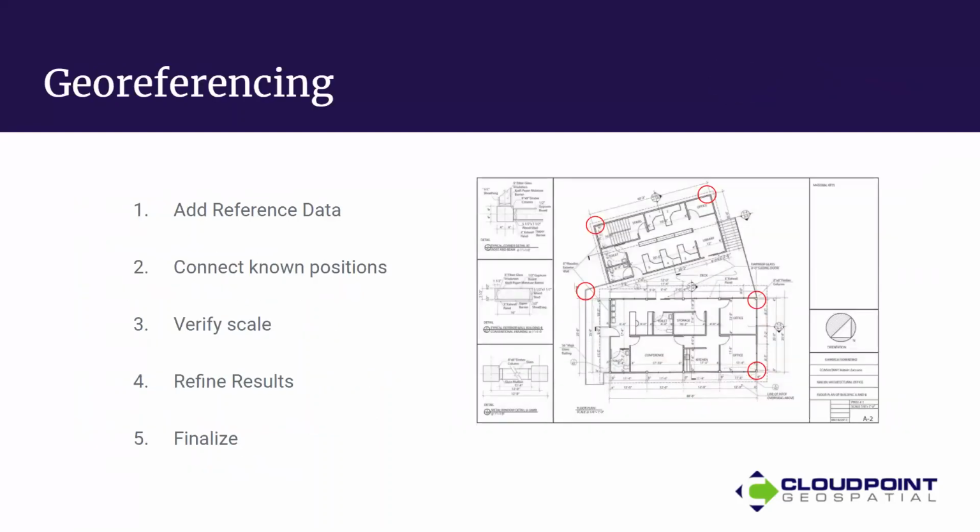Georeferencing is the process of taking CAD information or PDFs. In this case, I'm showing you an example of a PDF floor plan, and it's assigning this particular item to real world coordinates. Like I mentioned, in a CAD file, you don't necessarily have to have real world coordinates.